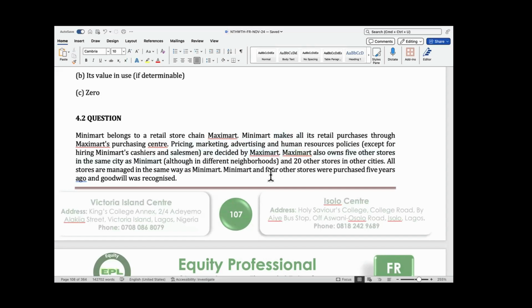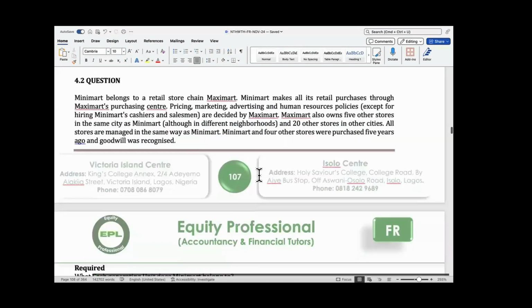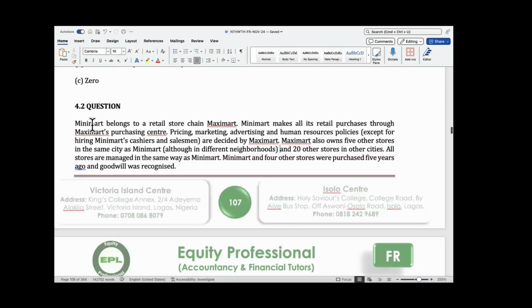Minimart and 4 other stores were purchased 5 years ago. So Minimart is just like a branch of Maximart. That's the major point here. So what cash generating unit does Minimart belong to? Again, let me remind you of what a cash generating unit is. I defined it to you from the perspective of assets that cannot make money on their own, and you need to put them together so that we can calculate how much they make together.